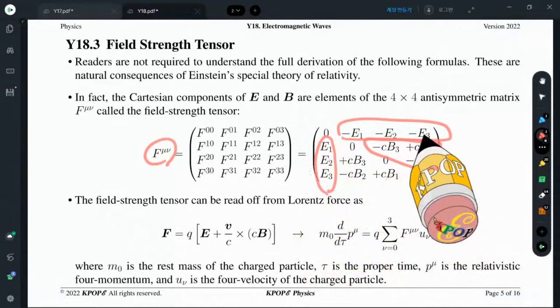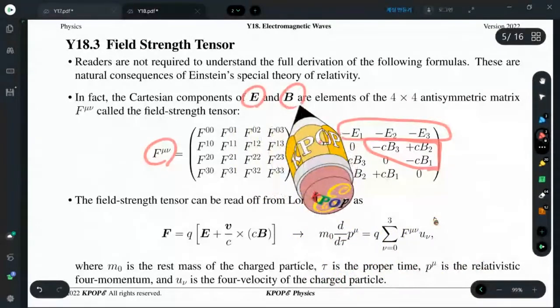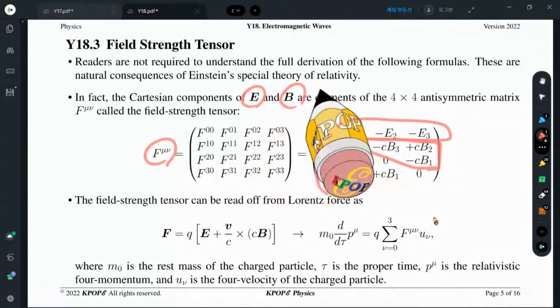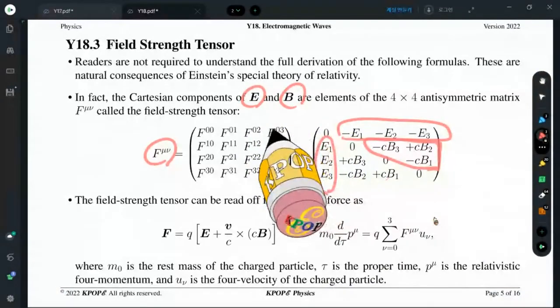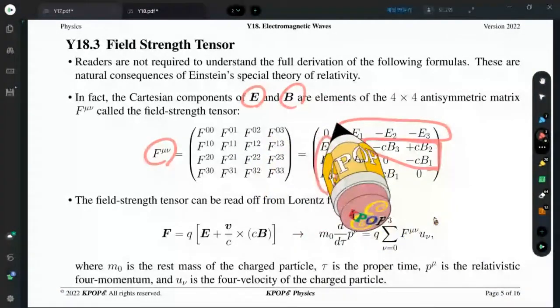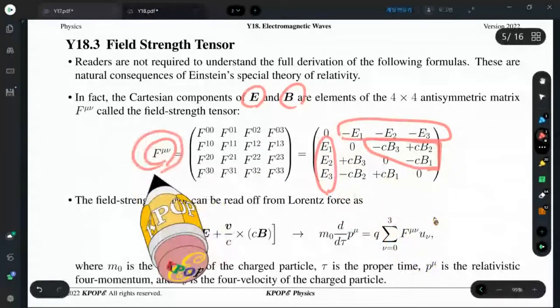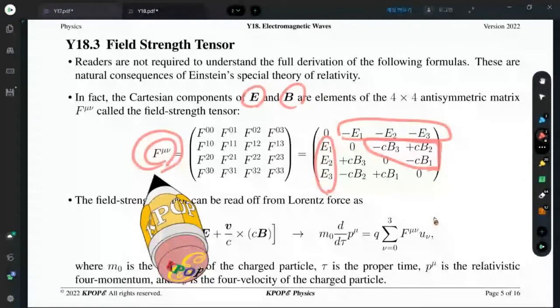Okay, so electric and magnetic fields are not separable concepts. They are just six components of a single object called the field strength tensor in special theory of relativity.